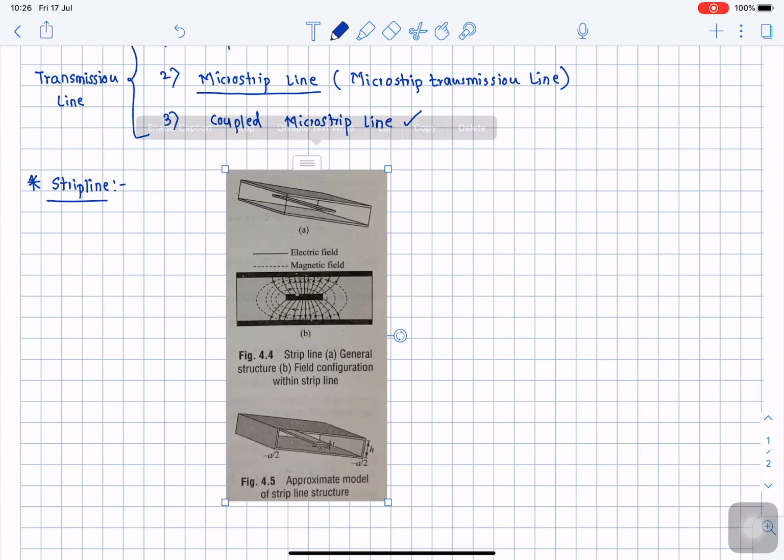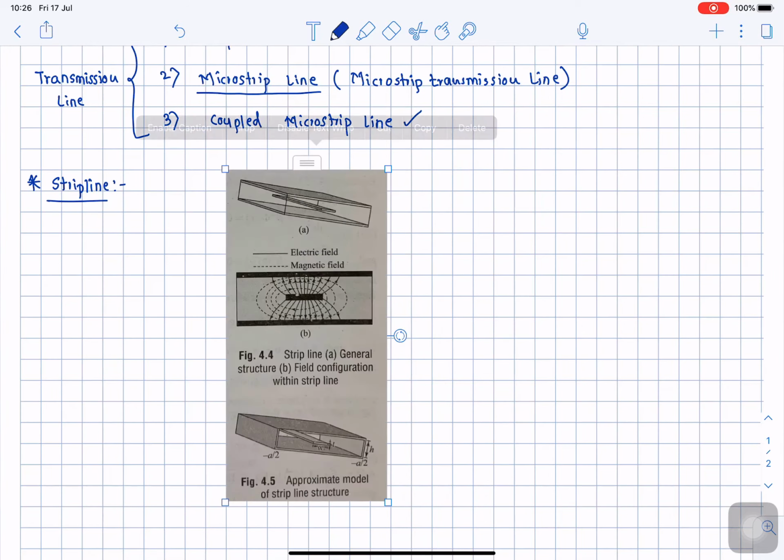Now in between these two ground plane conductors, I have a strip line which I will denote with a red color, in this way. So if you take the cross section of strip line, it will look somewhat like this. Okay. So actually this is a strip, or it is a conductor through which we are passing our microwave signal.